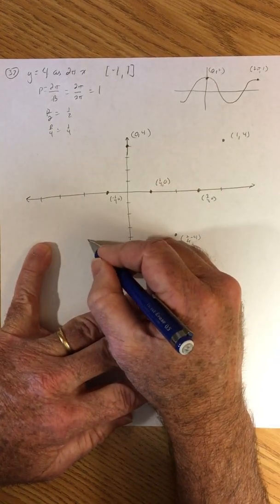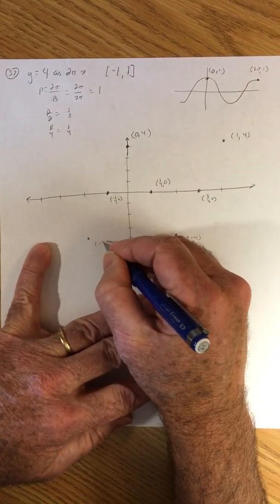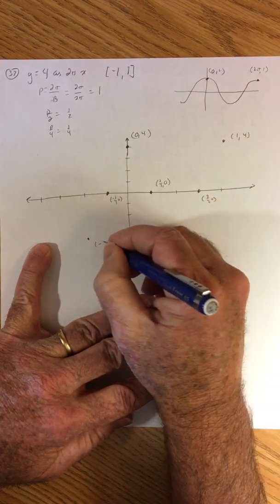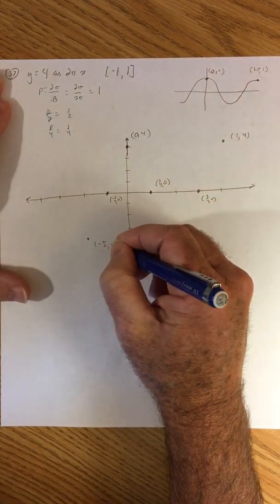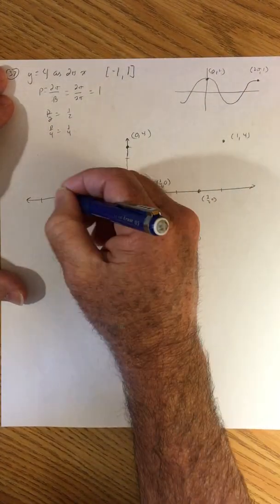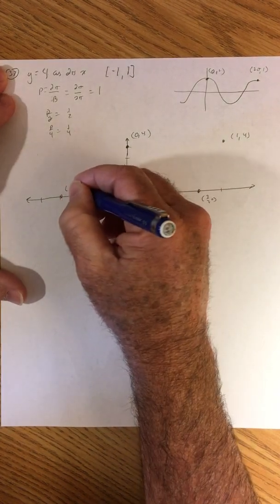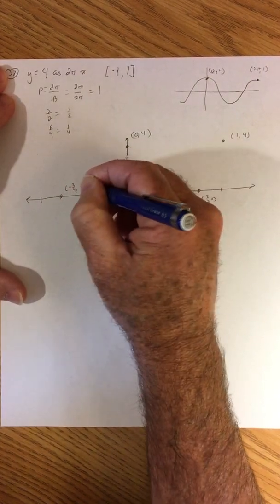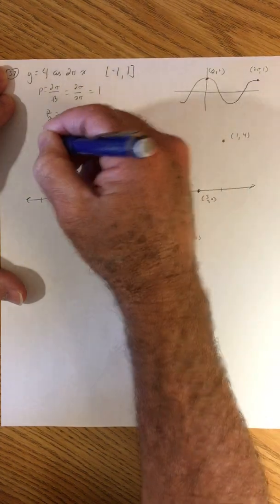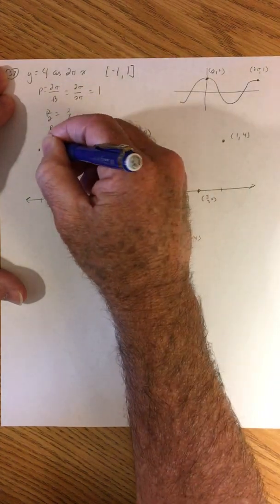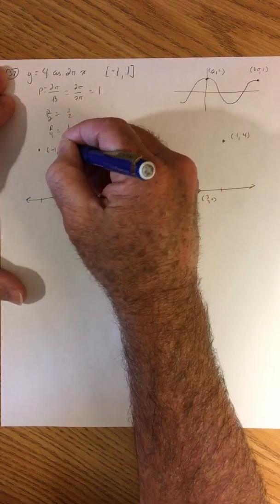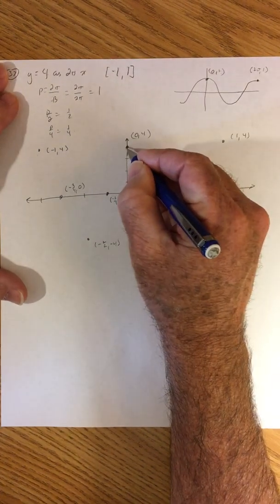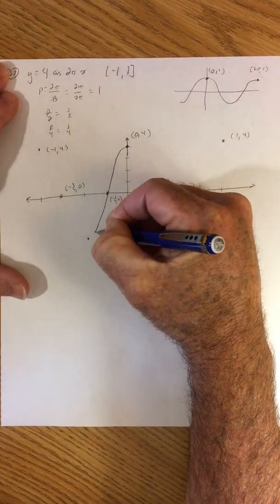Quarter cycle, low point, -1/2, -4. Quarter cycle, -3/4, 0. And another quarter cycle right here. This point is -1, 4. Smooth curve.